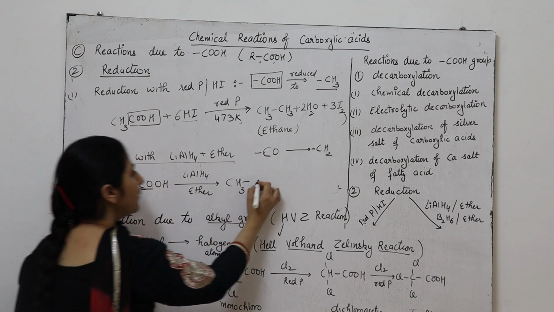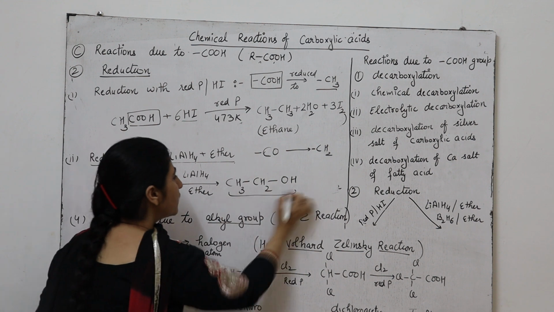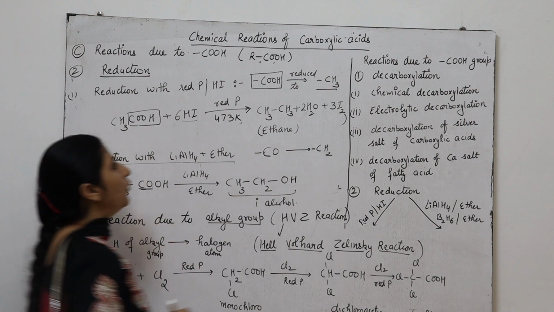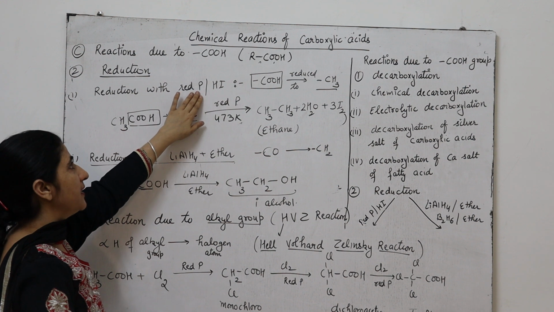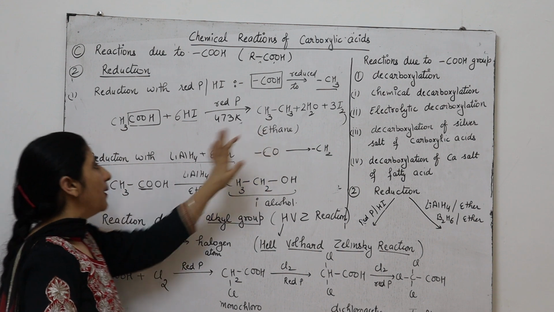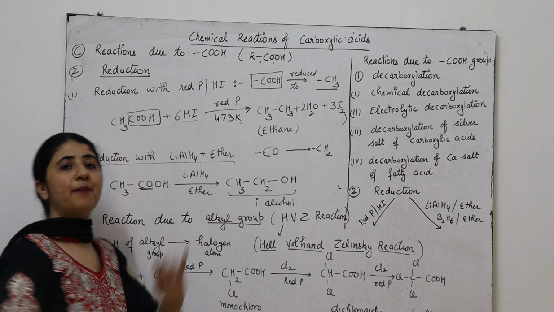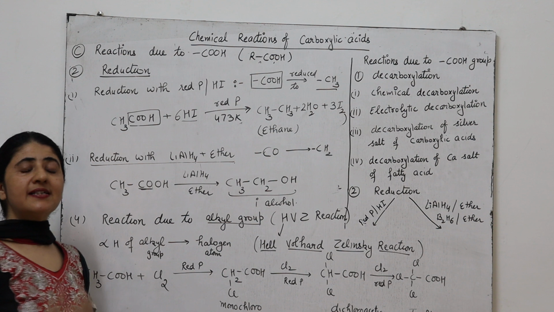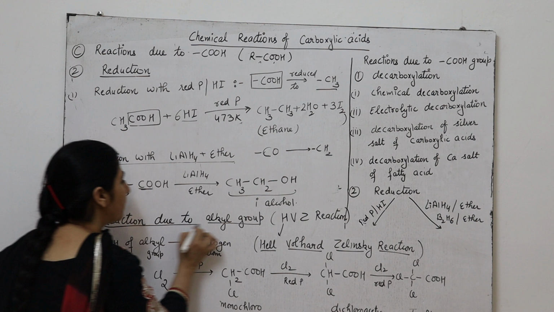This CO group is reduced to CH2, and so we get a primary alcohol. We get a different product depending upon the nature of the reducing agent. If we use HI and red phosphorus, we get an alkane. But if we use lithium aluminum hydride along with ether, we get a primary alcohol after the reduction of carboxylic acid.